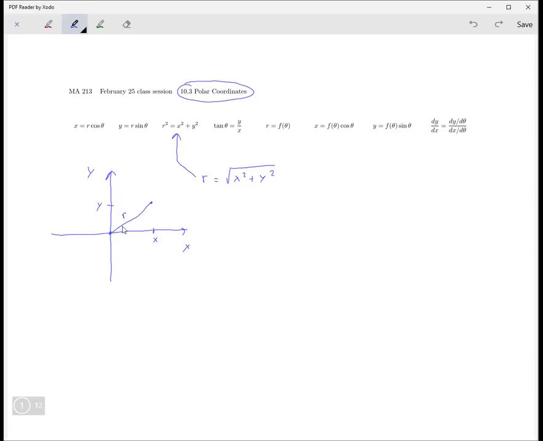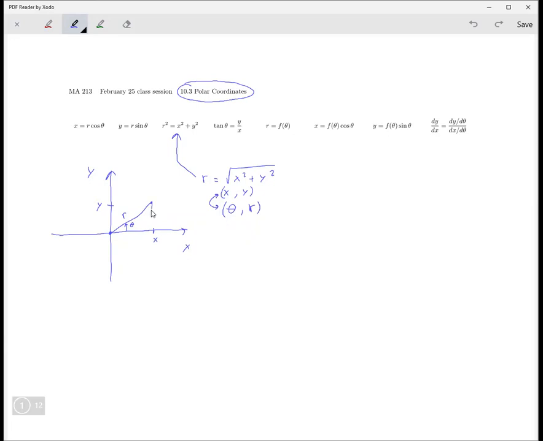And then this angle right here, theta. So it can be described with theta comma r. It can either be described with x, y, Cartesian, or theta comma r, which is polar coordinates.